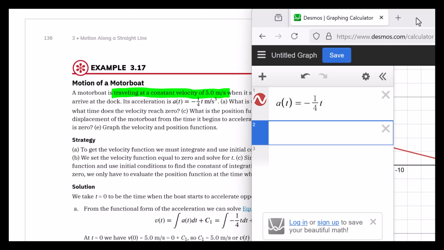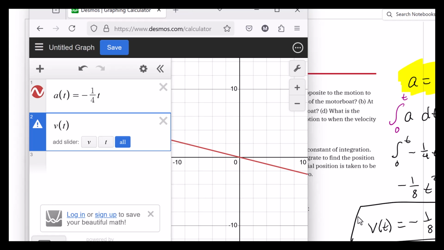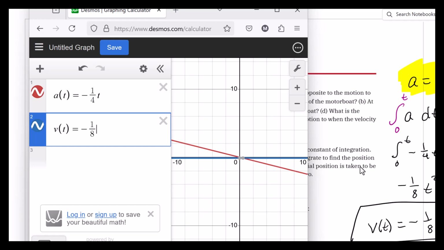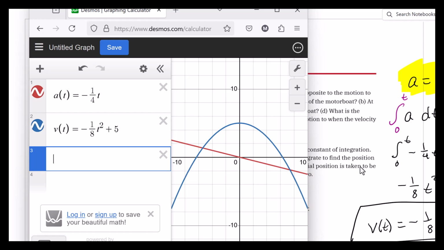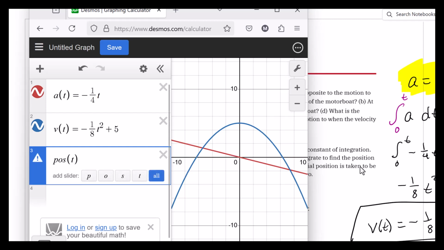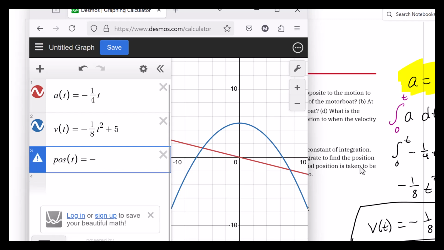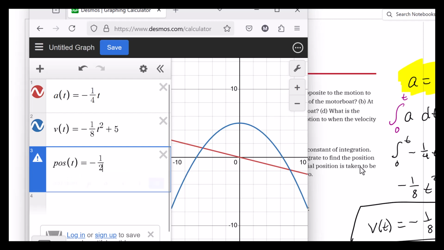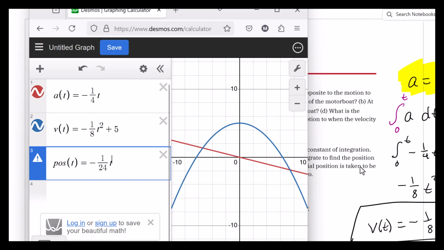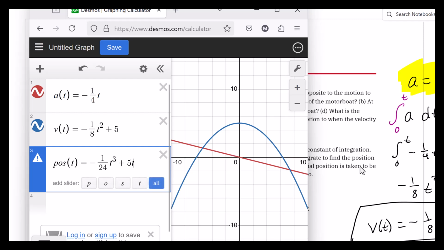And then velocity of t was negative 1/8 t squared plus 5, and the position of t was negative 1/24 t cubed plus 5t. Okay. And I'm not using x because it does weird things when I put in an x.